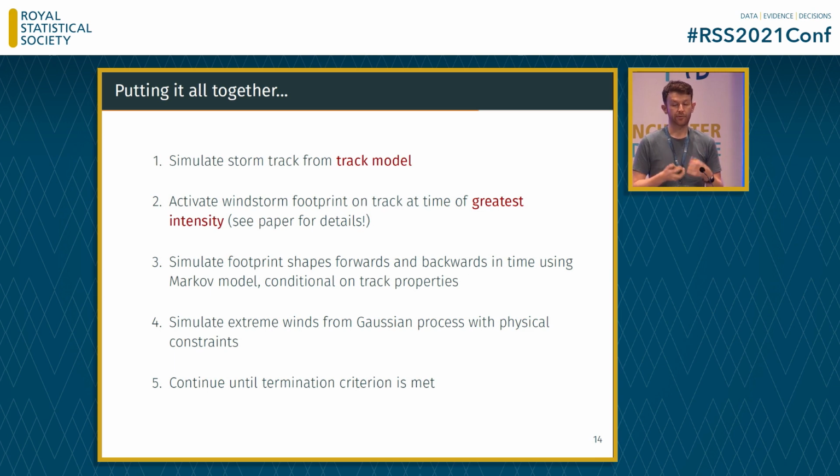Then we can simulate footprint shapes forwards and backwards in time using the Markov model that we've developed. And then we can simulate extreme winds from the Gaussian process with physical constraints. We continue this until some termination criterion is met, the details of which I haven't included, but it's generally stochastic in nature and related to how the storm is actually propagating in space and time.